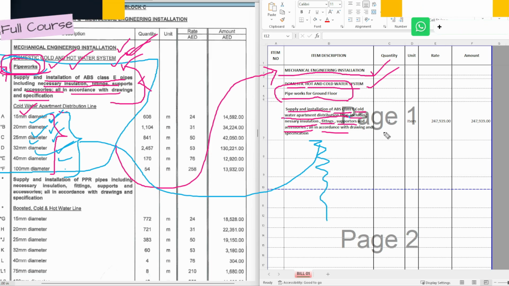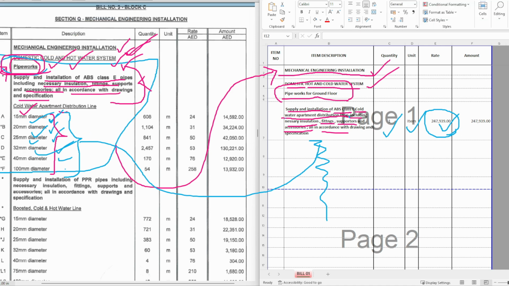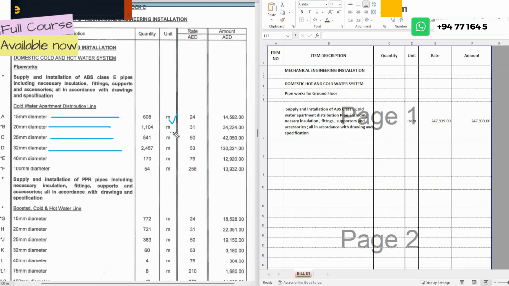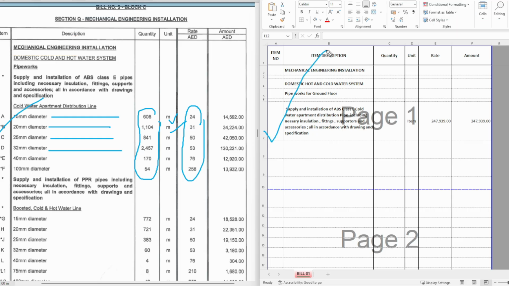They put it like this: the quantity is 1, the unit is item, and the rate is a lump sum price of 247,000. On the left side, each and every pipe has a detailed breakdown, with units in meters, detailed quantities, and also the rate. Now you can understand the right side BOQ and the left side BOQ.